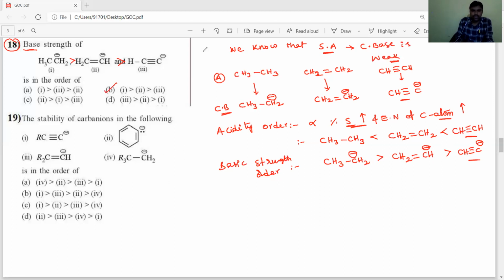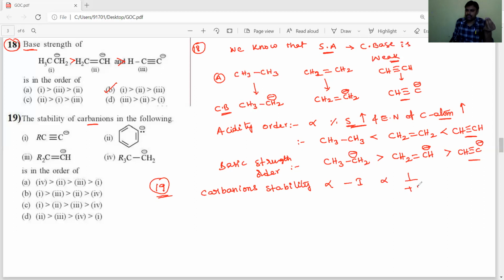And let's see the 19th question. Dear students, 19th question. We have to identify the correct stability order of carbanions. Carbanion stability is directly proportional to minus I groups, meaning electron withdrawing groups, and inversely proportional to plus I groups.